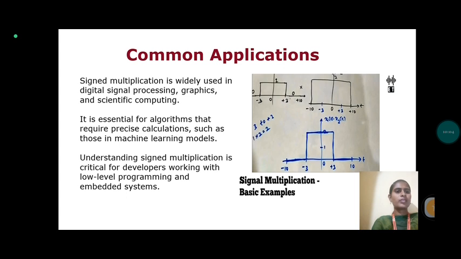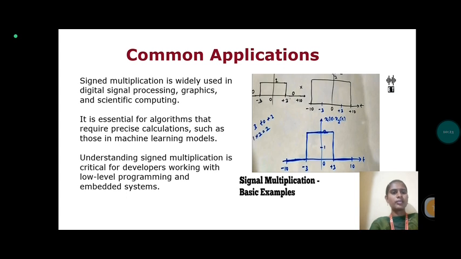Next, common applications of signed multiplication. It is widely used in digital signal processing, graphics and scientific computing. It is essential for algorithms that require precise calculations, such as those in machine learning models.